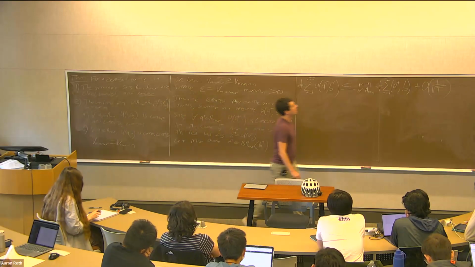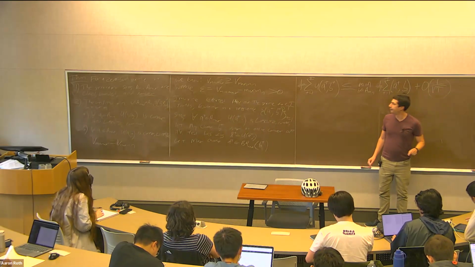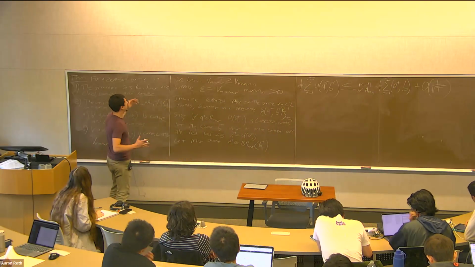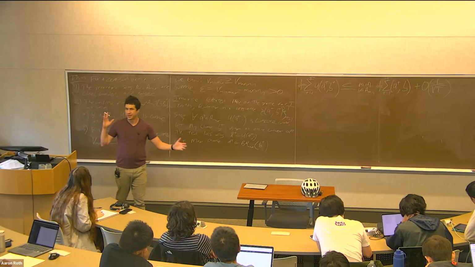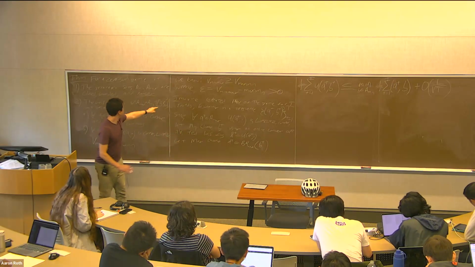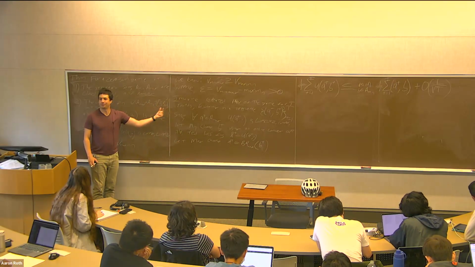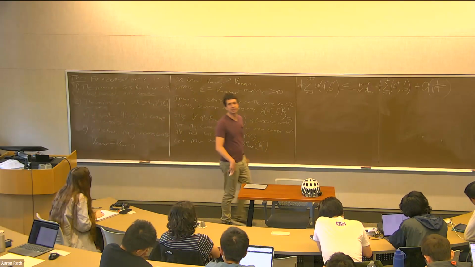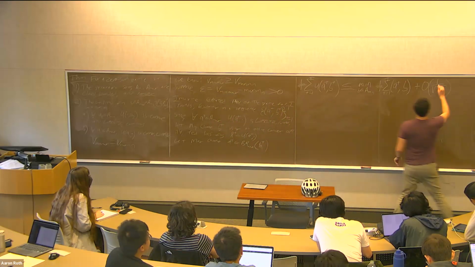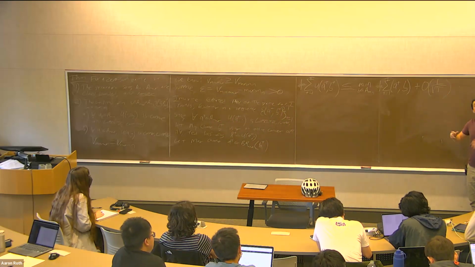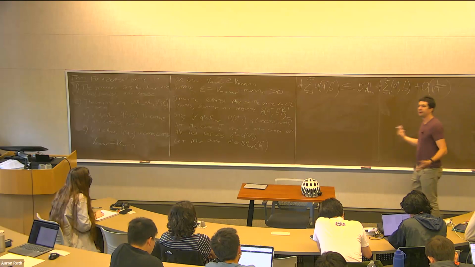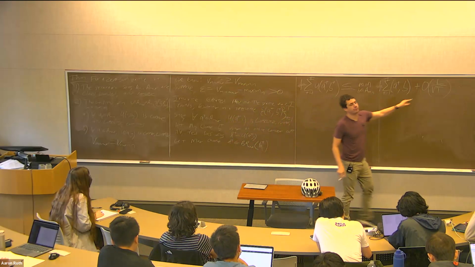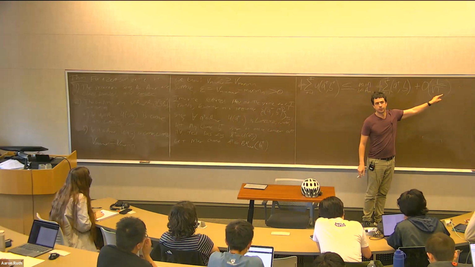There are constants that depend on parts of the game we haven't specified, like potentially the dimension of the action space of Min and Max, the scale of the payoffs, this number B, the Lipschitz parameter of the utility function. But we've assumed all of those things are bounded, so those are all constants that depend only on the game and are independent of T. And for all of the algorithms we've seen, there are regret bounds that go to 0 at the rate of 1 over root T. Okay, makes sense.